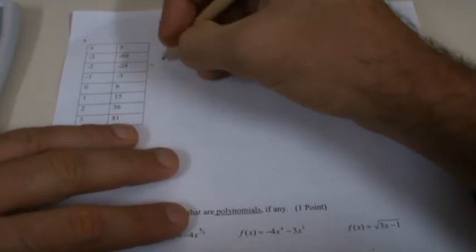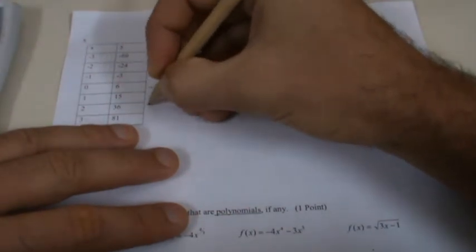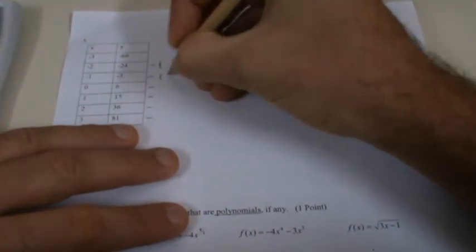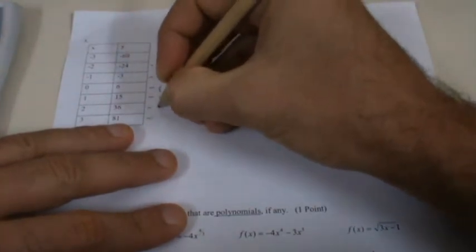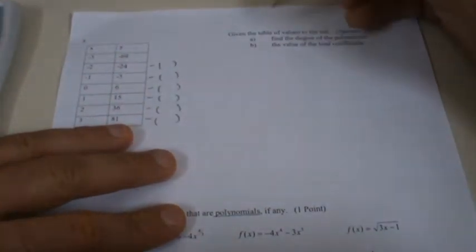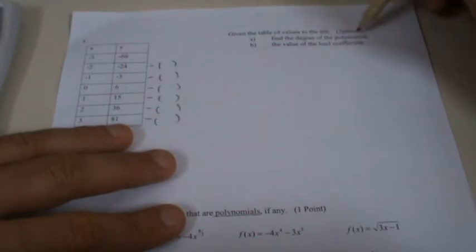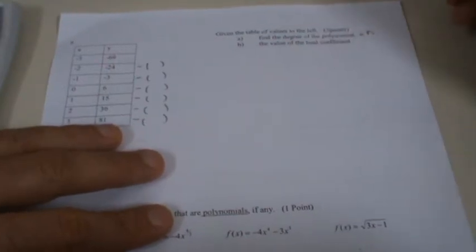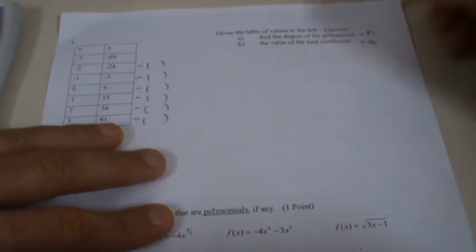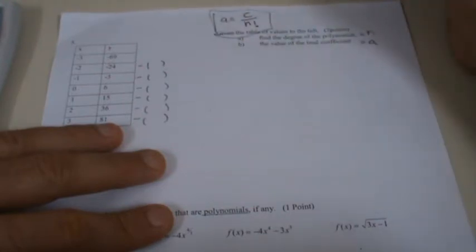Basically, what I need to do is subtract, because I need to find the degree and the value of the lead coefficient. Remember that the degree is n and the value of the lead coefficient is a, and I've got a function that says a is equal to c over n factorial. Okay, that's the equation that I'm going to use.